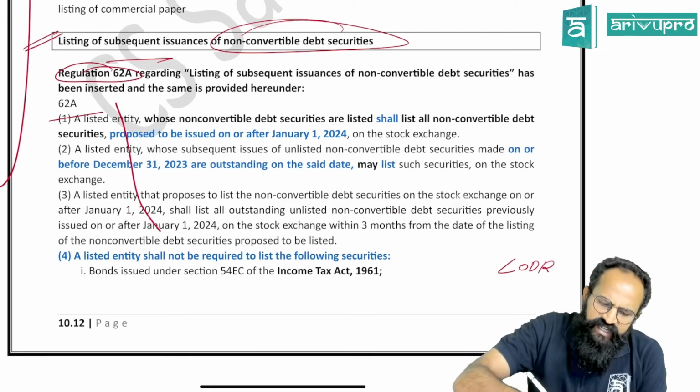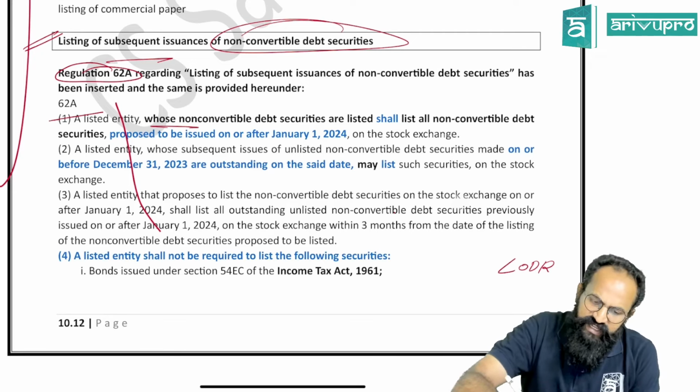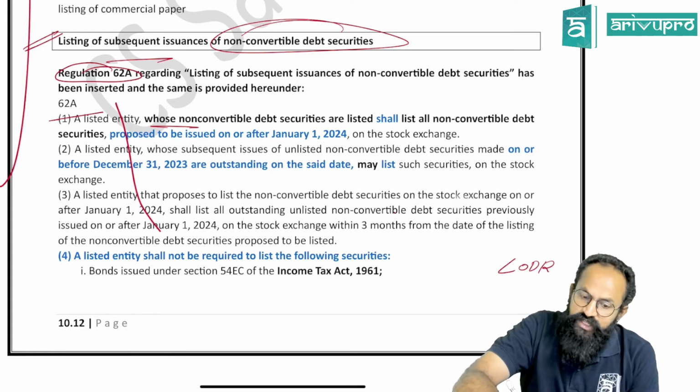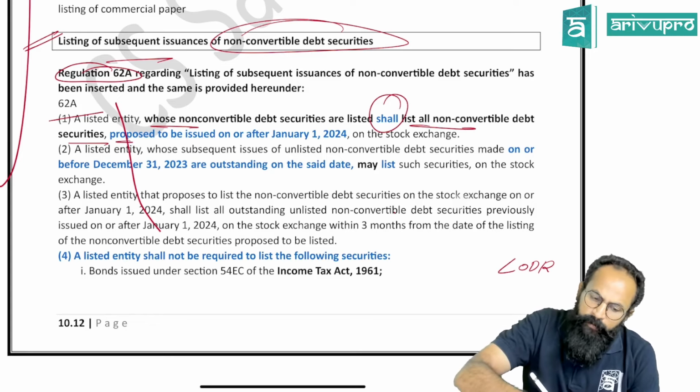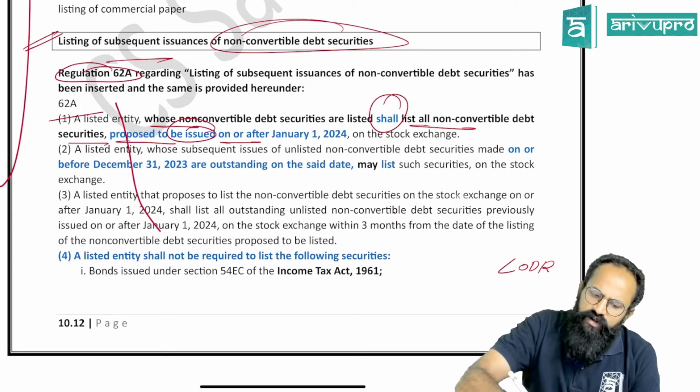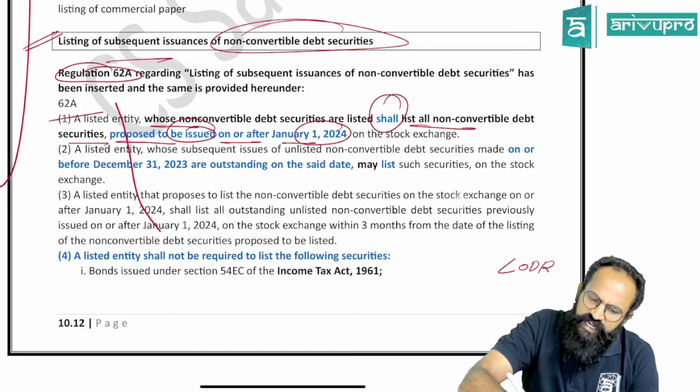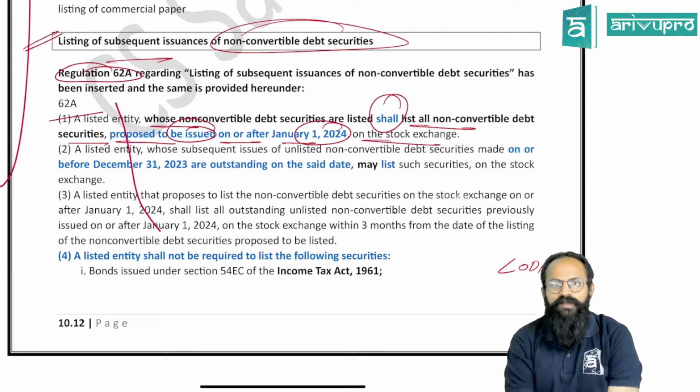A listed entity whose non-convertible debt securities are listed shall list all non-convertible debt securities proposed to be issued on or after Jan 1st, 2024 on the stock exchange. What do you mean by that, sir?